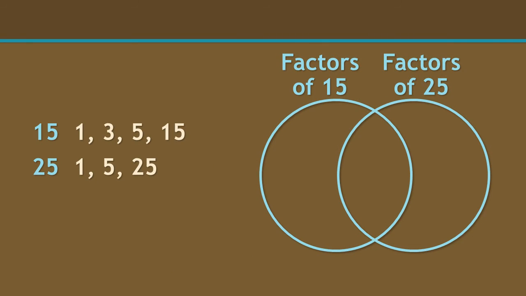Let's practice again with the numbers 15 and 25. First, we're going to write the common factors of 1 and 5 in the intersecting part of our Venn diagram.